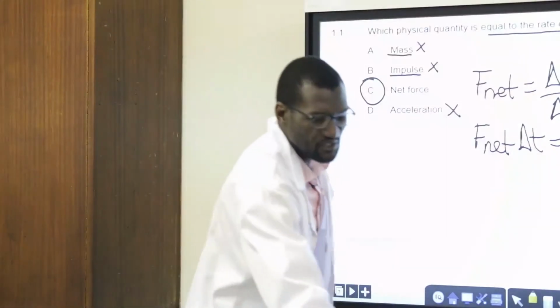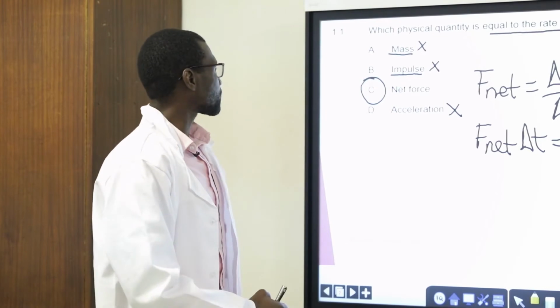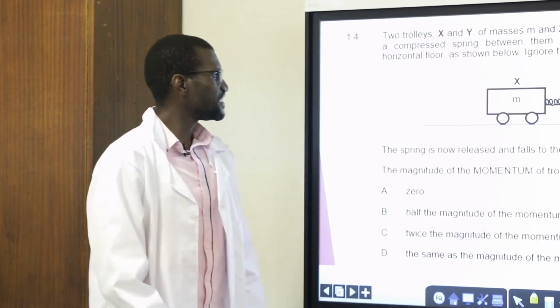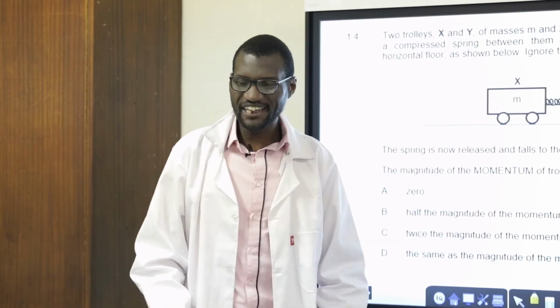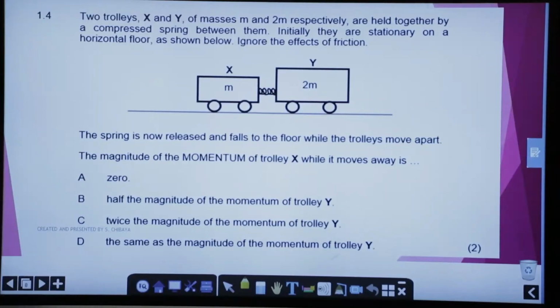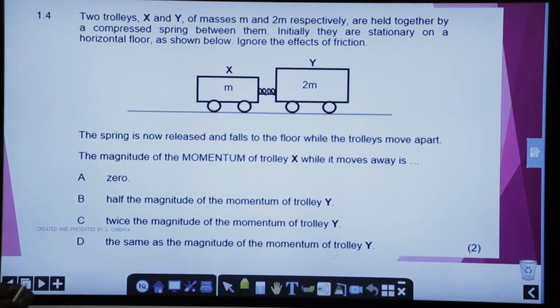So that's just something for us to quickly think about as we revise. Do you want another question? Let's look at another question quickly, just to remove cobwebs from our heads and to remind us of what we have looked at. Two trolleys, X and Y, of masses M and 2M respectively, are held together by a compressed spring.